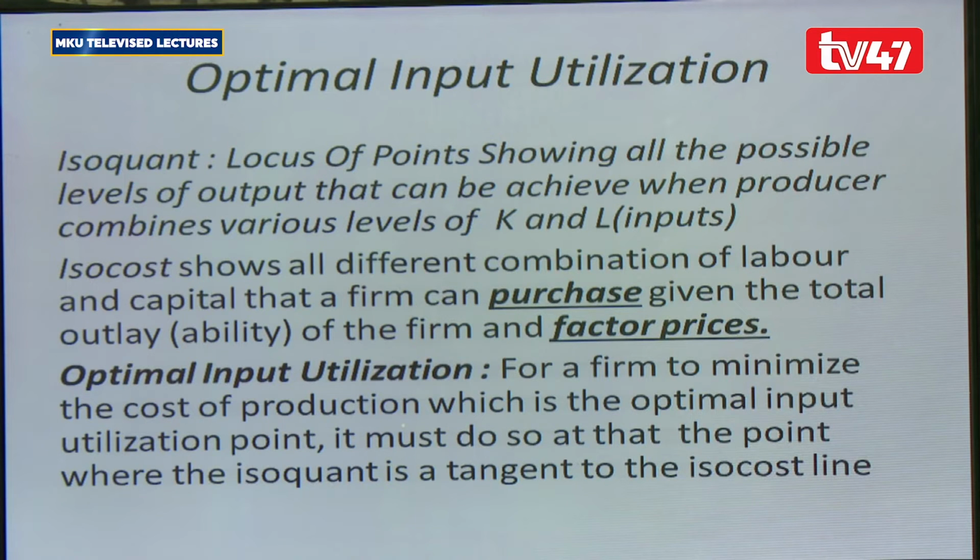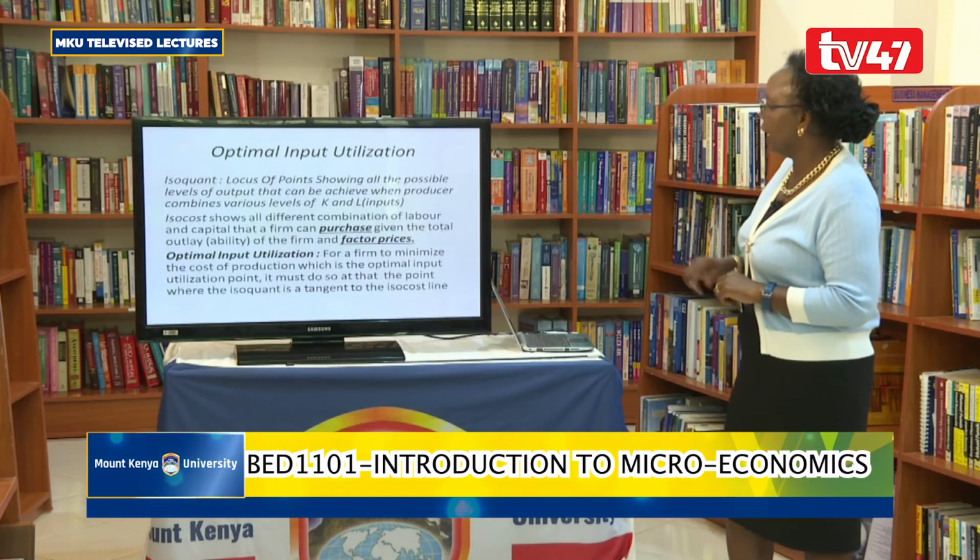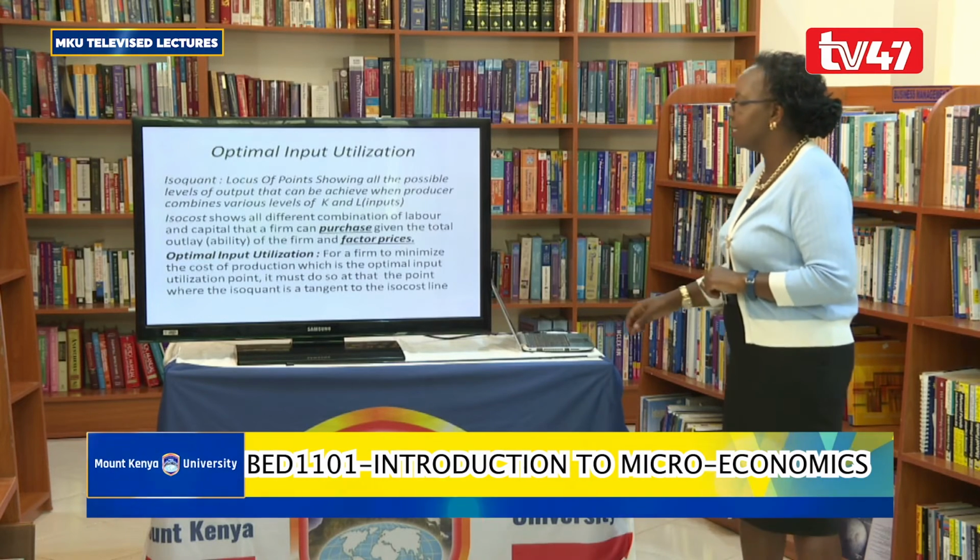These inputs, the capital and labor, once they have been put and we are looking at the output that results from it, we can demonstrate that through the isoquant, which we have said is a locus of points that shows the possible levels of output that can be achieved when K and L are combined, where K is capital and L is labor.